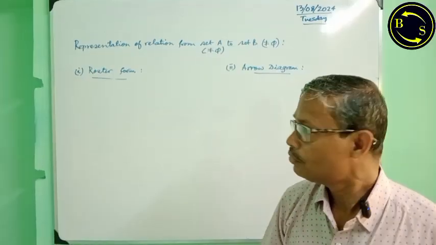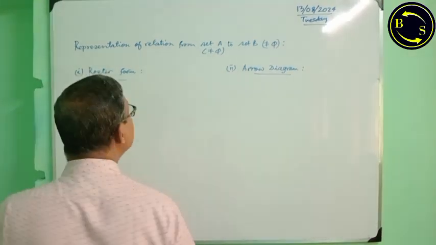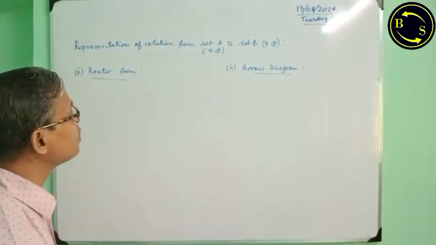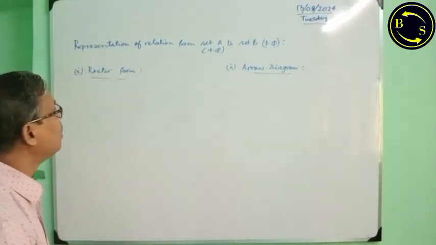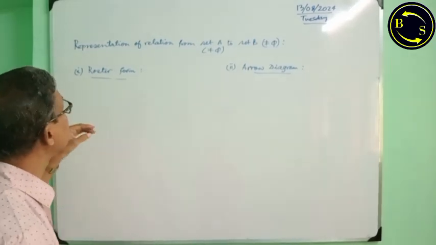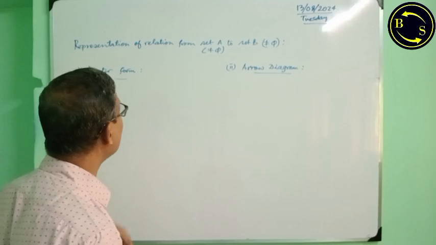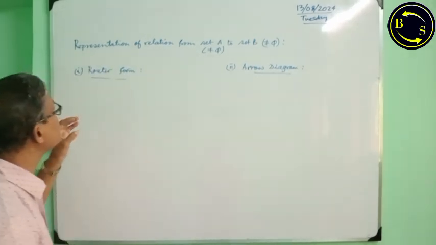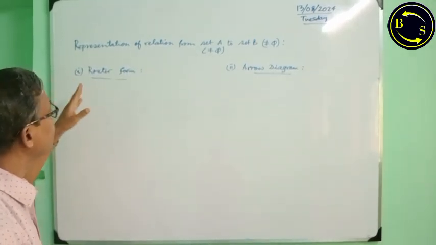Now we discuss how we represent a relation from set A to set B. One is roster form. Actually, we have discussed the examples earlier and represented the relation in roster form.